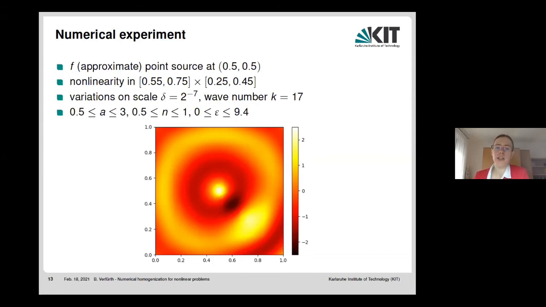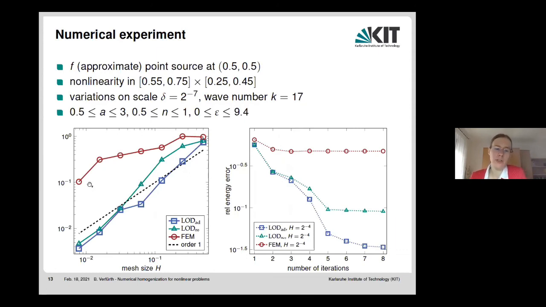And then let me first concentrate on the left picture, which shows, for different mesh sizes, first of all, the relative energy error of the finite element solution. You see that it does not resolve the variations, and therefore is a rather poor approximation.